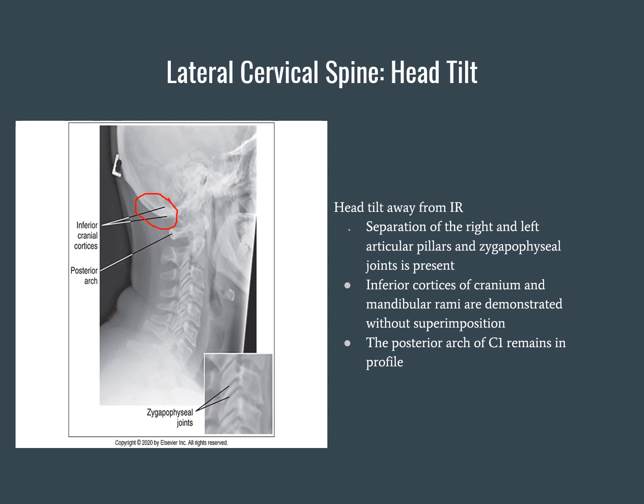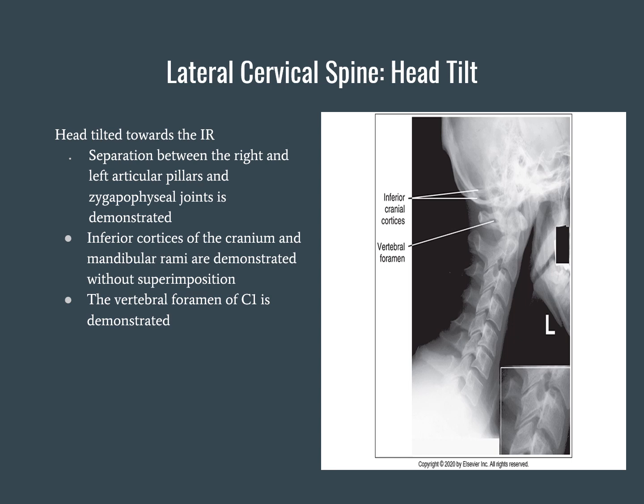Also, the posterior arch of C1 will remain in profile. So this image here demonstrates head tilt away from the IR. In order to correct this positioning error, you want to make sure that the interpupillary line is perpendicular with the IR, and making sure that the acanthomeatal line is parallel with the floor.